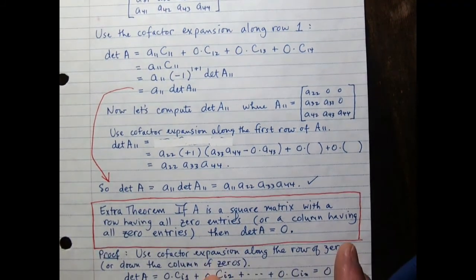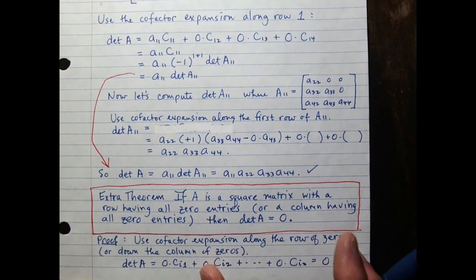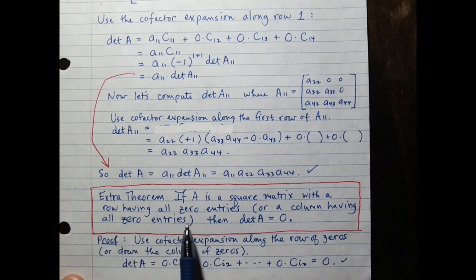And then I have an extra theorem that's sort of my own, but maybe the book just thinks it's obvious, but I wanted to make sure that we realized it should be kind of obvious to you too. If A is a square matrix with a row having all 0 entries, or a column having all 0 entries, then the determinant of that matrix is going to be 0, right?